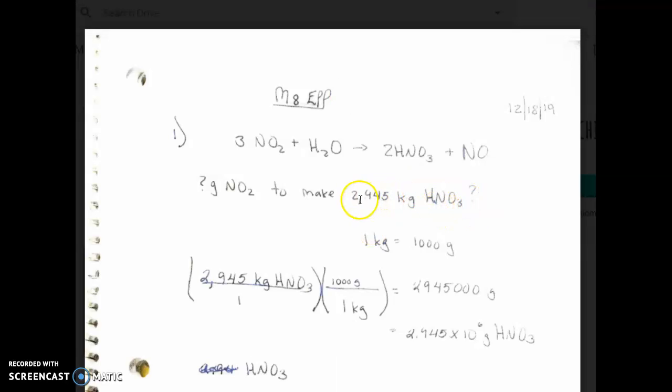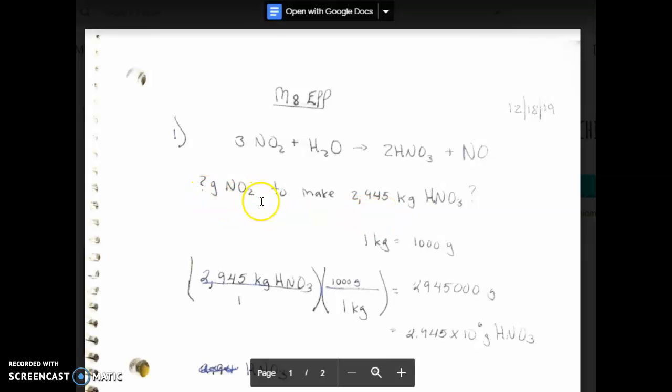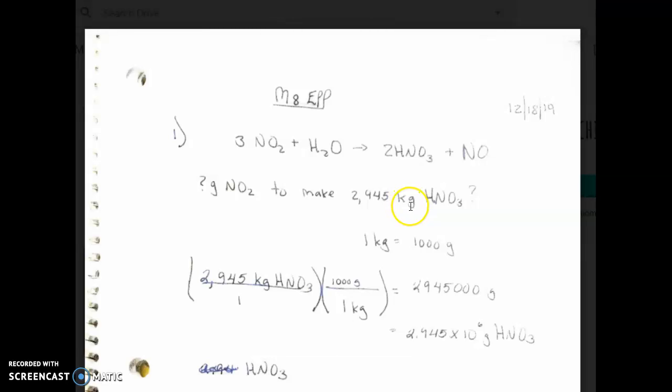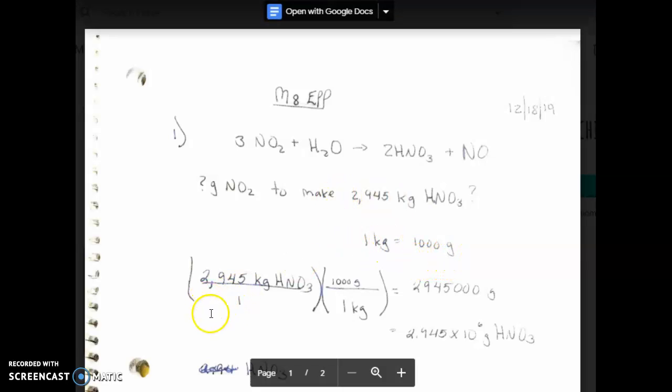In this particular problem, we want our answer in grams, but we're given our first value in kilograms. So we remember that for every 1 kilogram there are 1,000 grams, and we use this as our conversion factor.